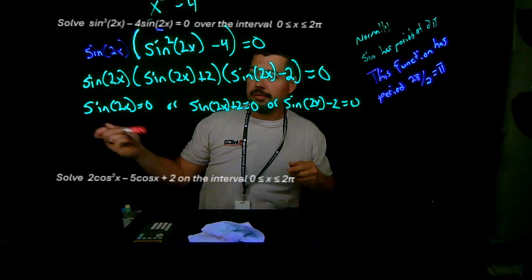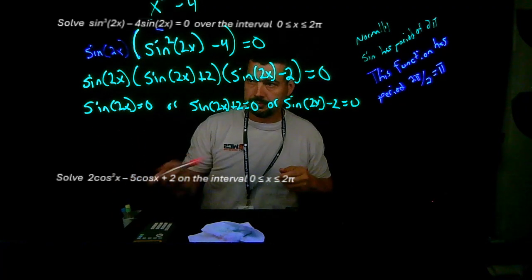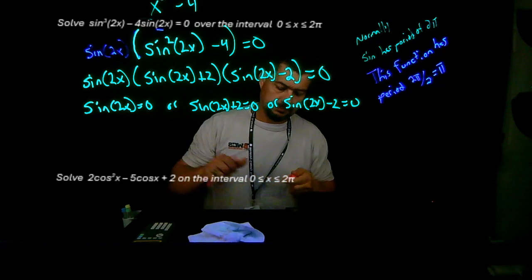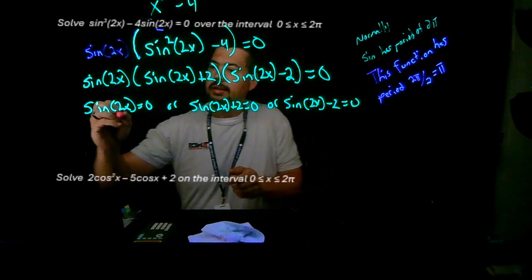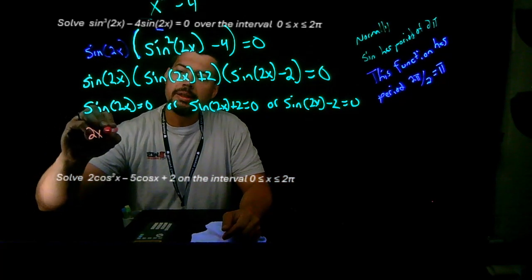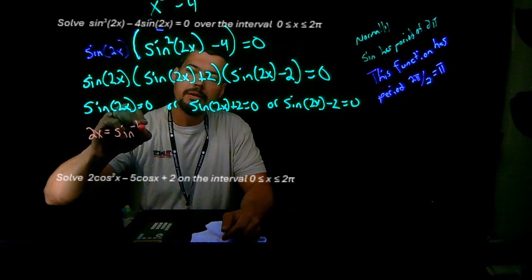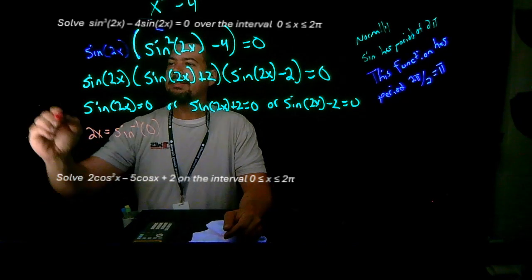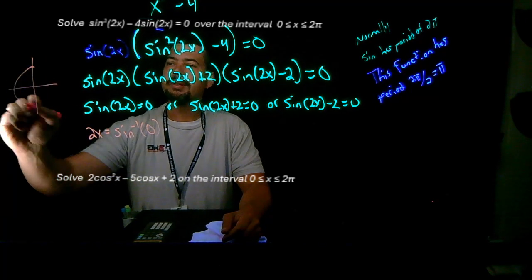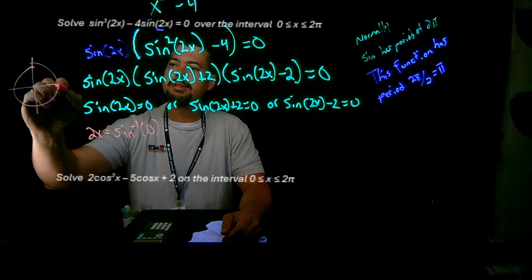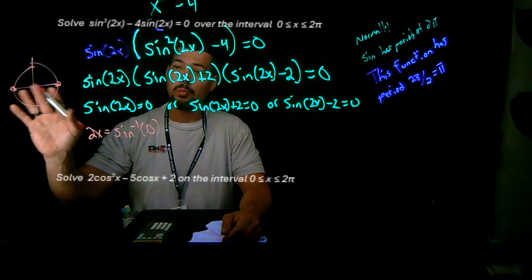Now, the first one is telling me that 2x is the arc sine of 0. And again, these are circular concepts. Sine is 0 here and here because sine is y.